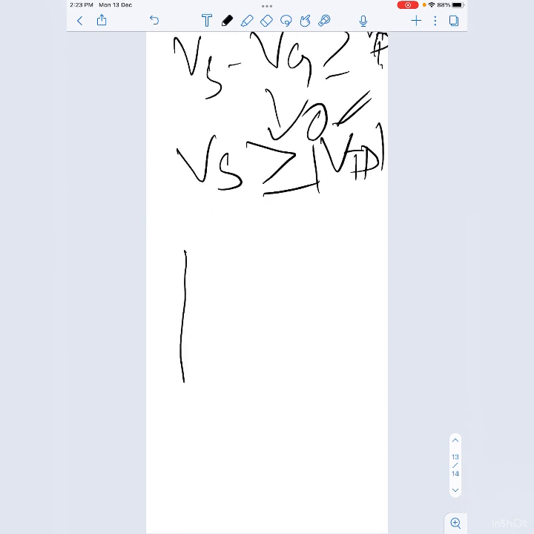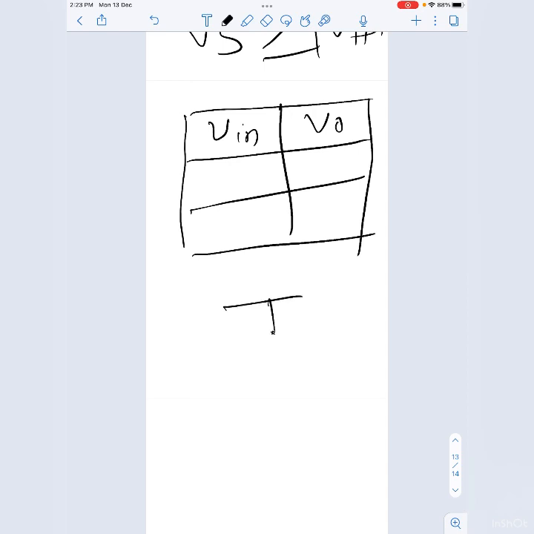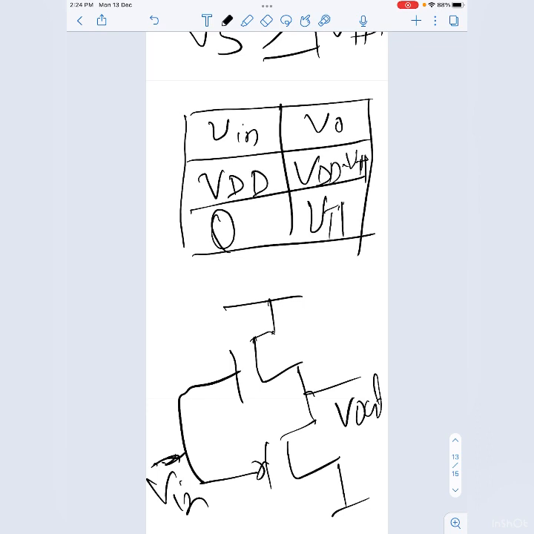Now we can make the complete table as we have already made. This is Vin, this is Vout. If PMOS is interchanged by NMOS and NMOS by PMOS, how will it act? This is a very basic question. As we got this value, if Vin is VDD, we get VDD minus VTH in case of this, and if Vin, which we called VG, is 0, we get a minimum value of VTP.